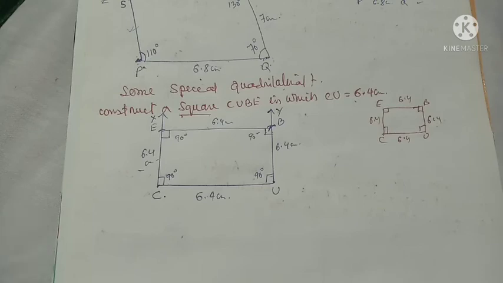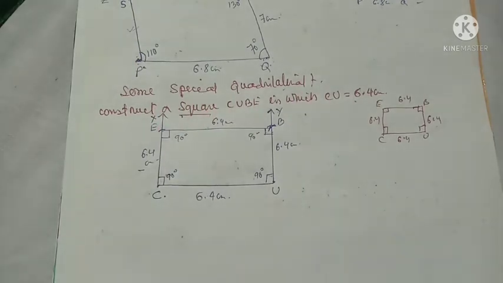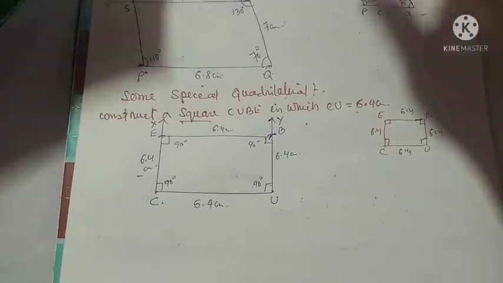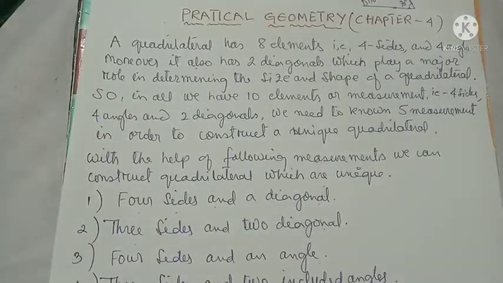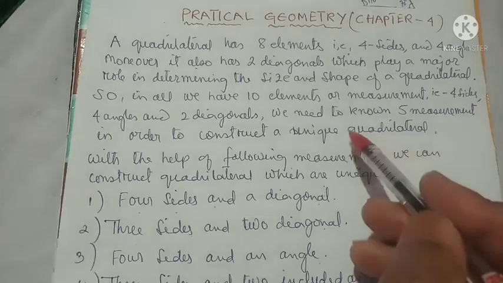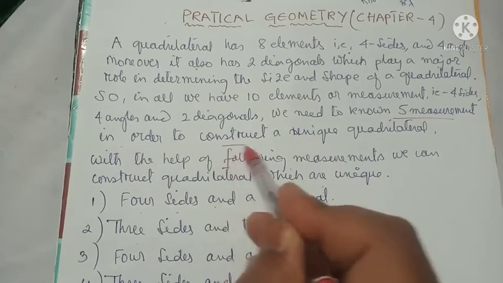So dear students, this is the last part for chapter number 4, special quadrilaterals. Before we wind up, we will recall a few points that we have learned. Children, we have 5 sets of measurements to construct a unique quadrilateral.